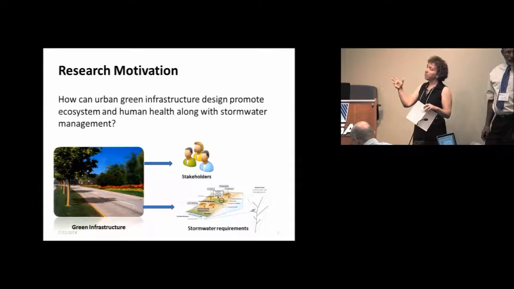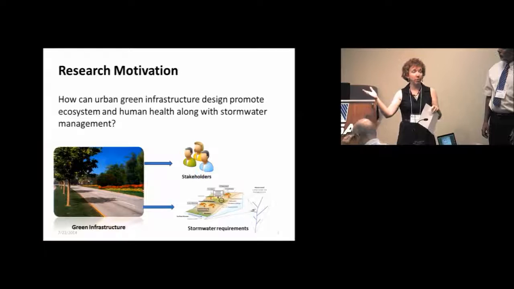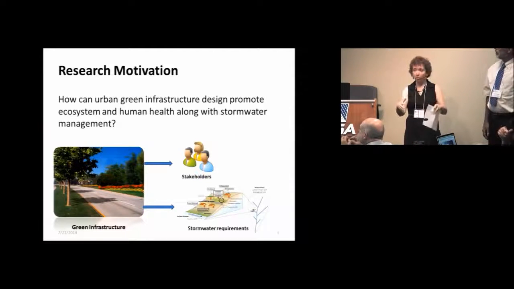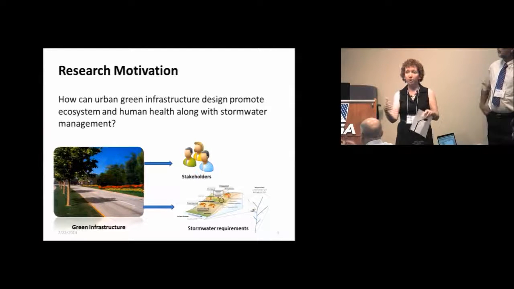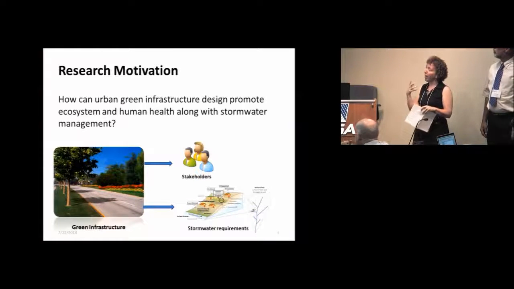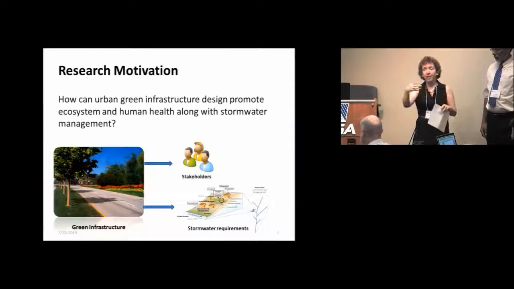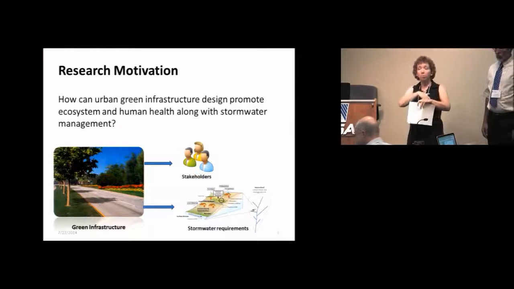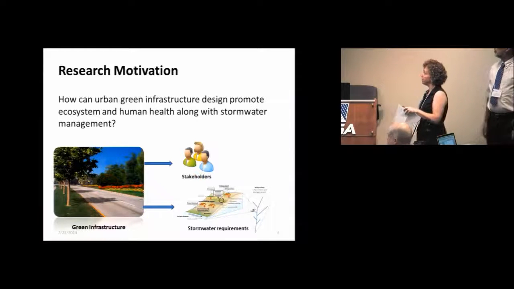But in fact, when you put green spaces into urban environments, you're affecting the larger ecosystem as well as a very local ecosystem, and you're affecting the people who live there as well as the people who pass through. And so how can we help engineers and landscape architects and other designers who get involved in designing these things to understand the broader implications of how one should design these systems?